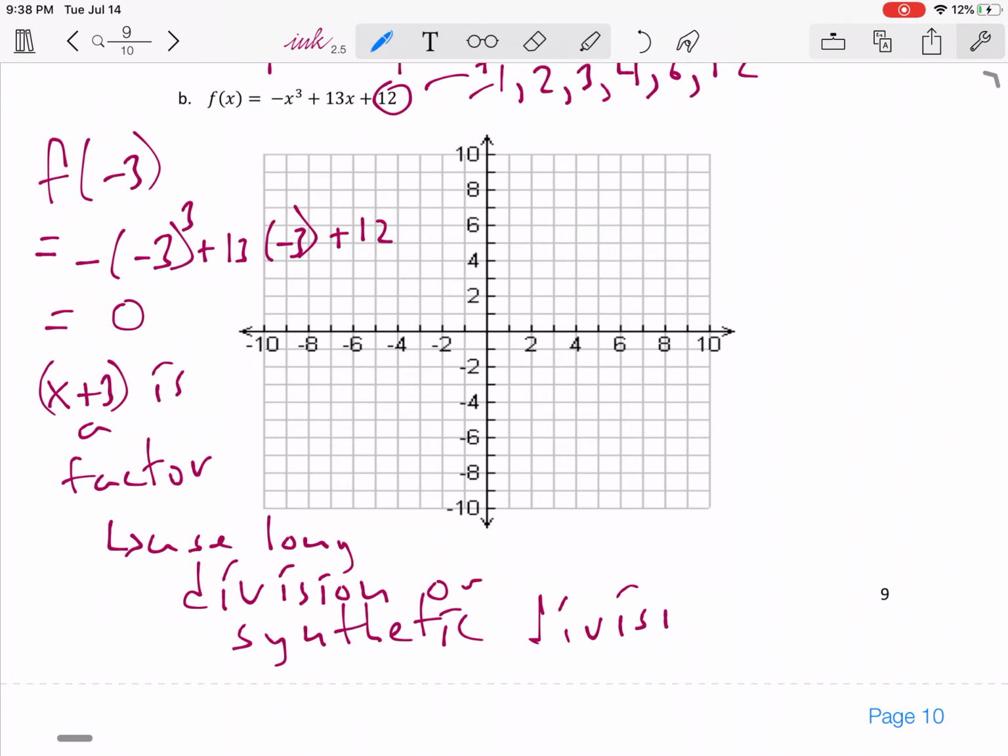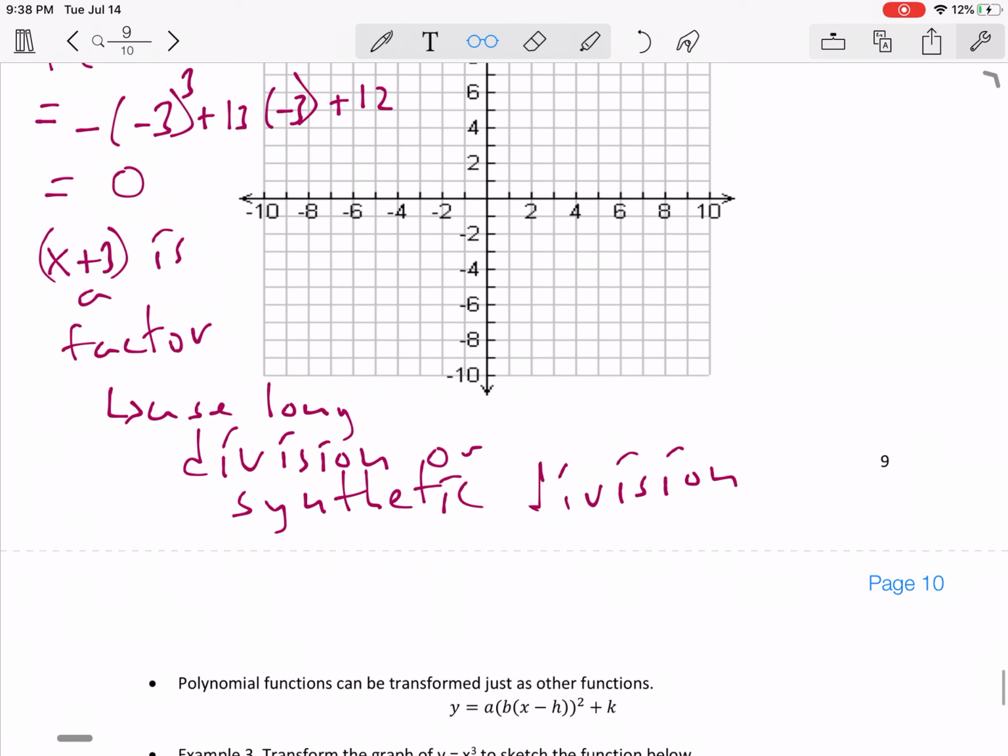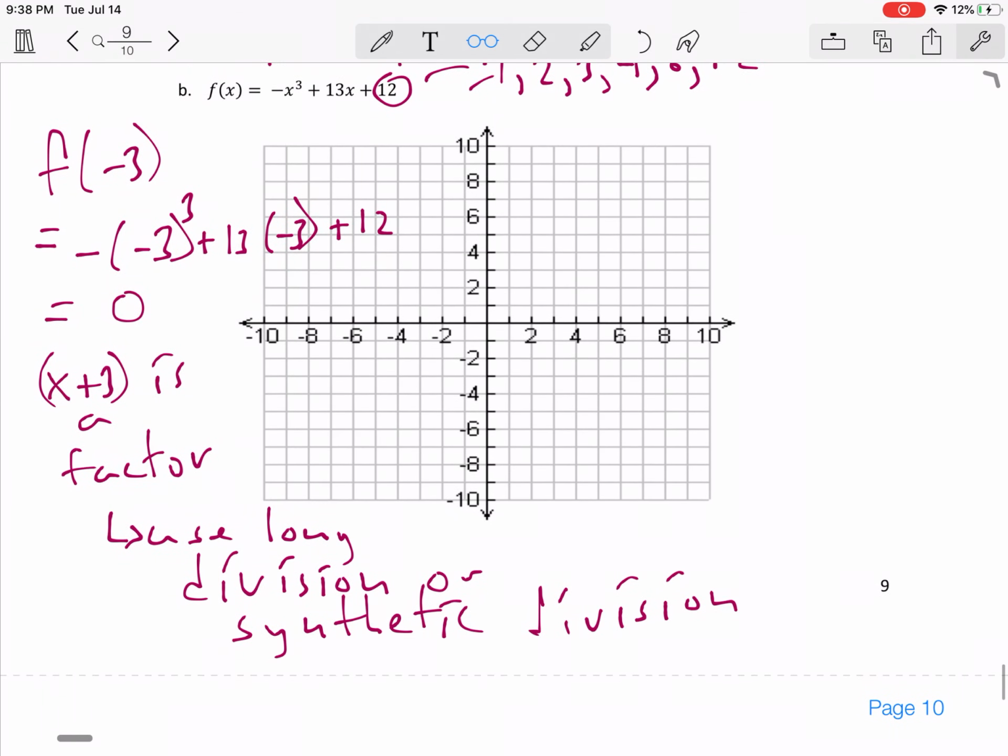I'm going to take -x³ + 13x + 12 and divide this whole thing by x + 3, using either synthetic division or long division.